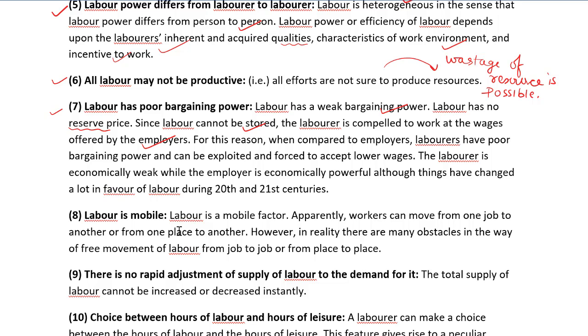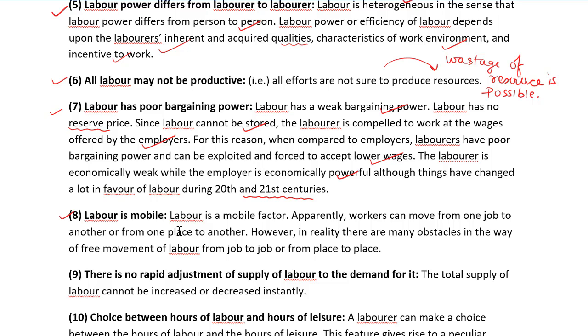For this reason, compared to employers, laborers have poor bargaining power and can be exploited and forced to accept lower wages if there is no demand or less demand for laborers in the market. You can say the laborer is economically weak while the employer is economically powerful in society. Although things have changed a lot in favor of labor since the 20th and 21st century.